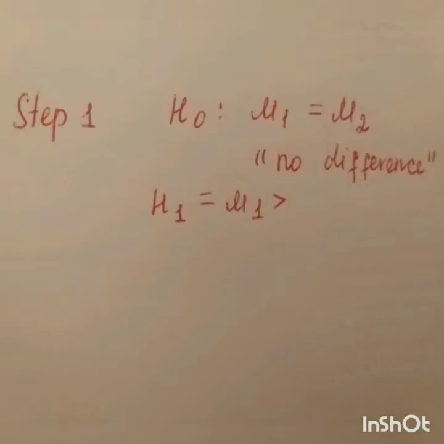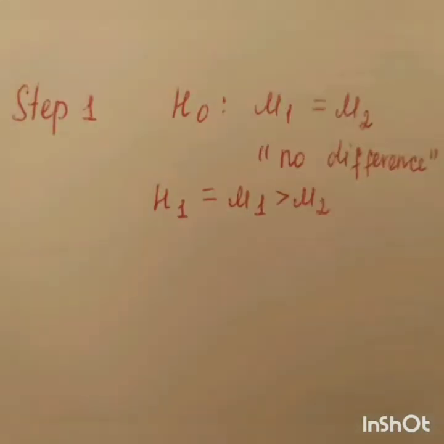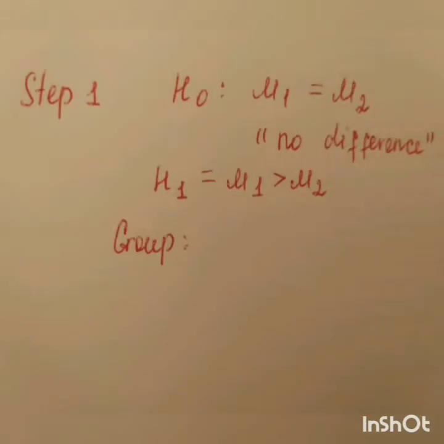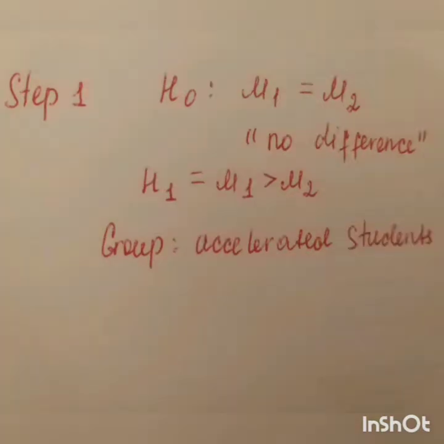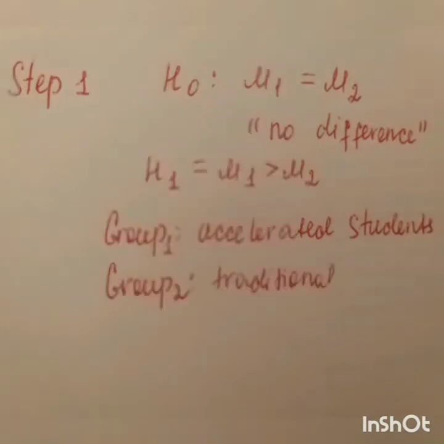We are using the greater than symbol because we want to know if students in the accelerated program at the local high school have higher scores on the math portion of the CAT than their comrades. So group 1 will be the accelerated students, and group 2 will be the traditional students.